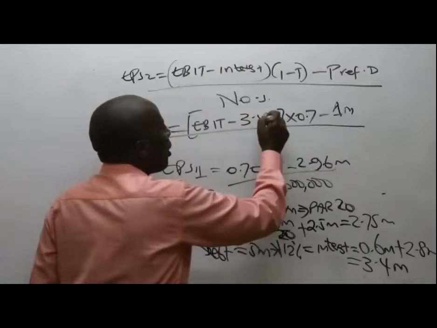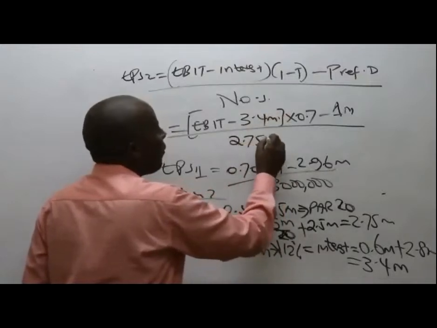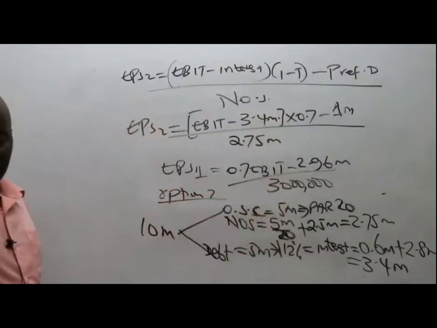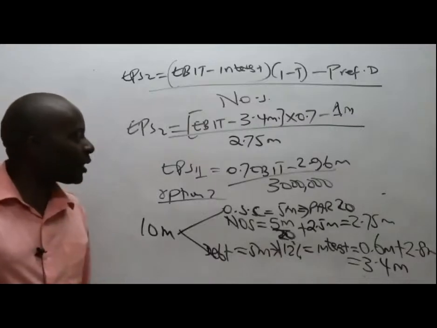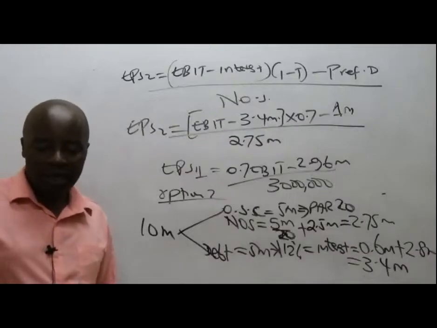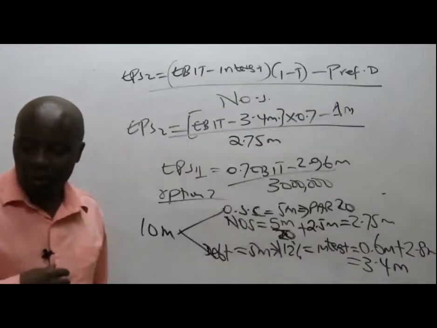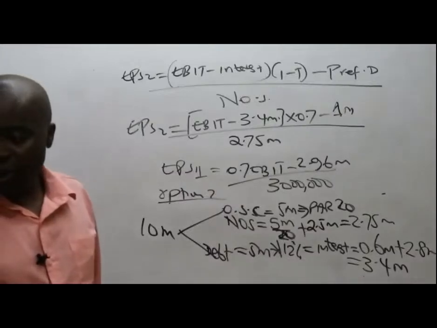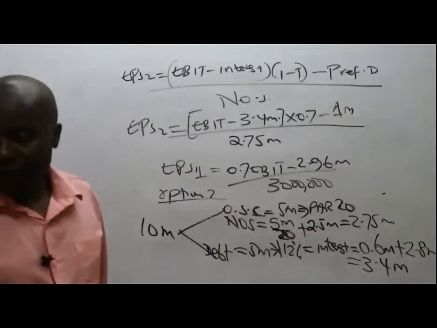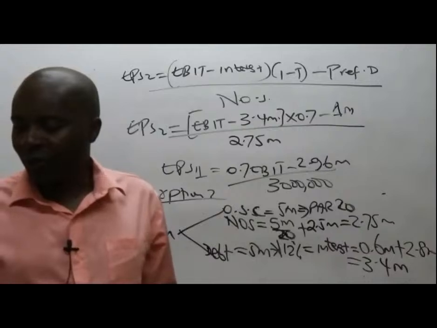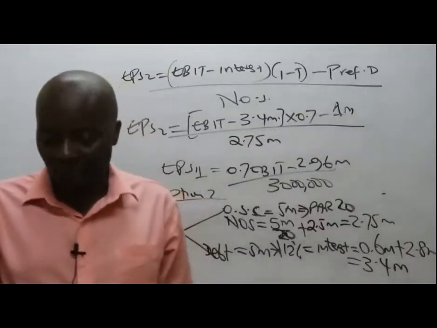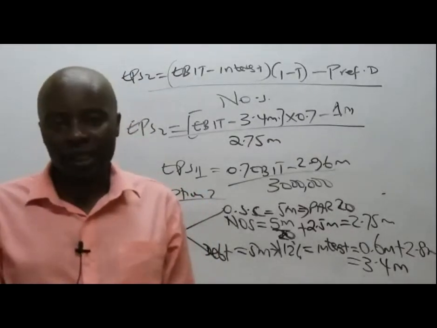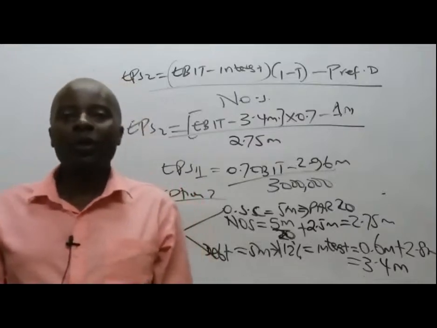Number of ordinary shares is 2.75 million. So could you kindly work hard now, equate the two, and give me the final answers. I'm so sure somebody must have struggled with it to the point where they got EPS of 1.68.